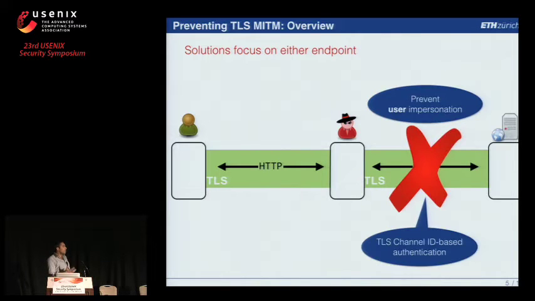Alternatively, we could try to prevent user impersonation. This means that even if the attacker is still able to somehow impersonate the server to the user, he cannot abuse the user's credentials to perform a user impersonation and complete his attack. And this is exactly the path that TLS channel IDs and client authentication protocols built on top of them took in order to resist such attacks.